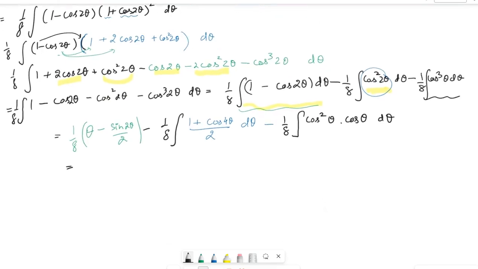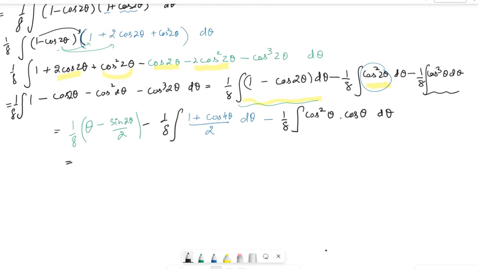I'll show you guys the whole picture after I'm done. 1 by 8 theta minus sine 2 theta by 2, minus 1 by 16, 2 comes out. 1's integral is theta plus cosine 4 is sine 4 theta by 4. So basically we are done with integral of the second portion too.